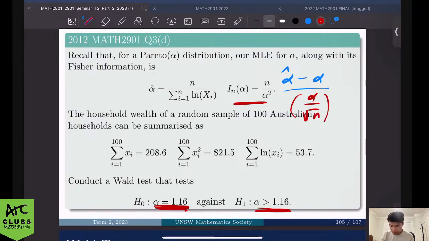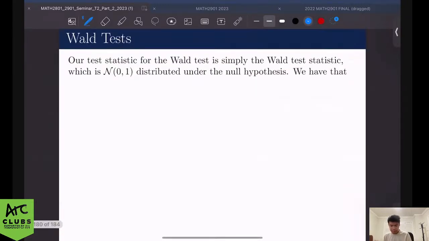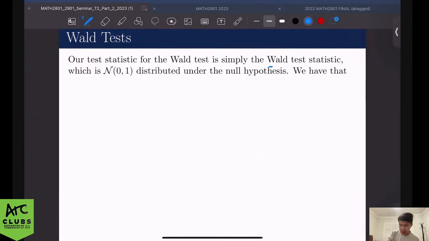This will follow N(0,1), because the first step to doing a hypothesis test is always to find a statistic such that the distribution makes sense. So our test statistic is the Wald test statistic.